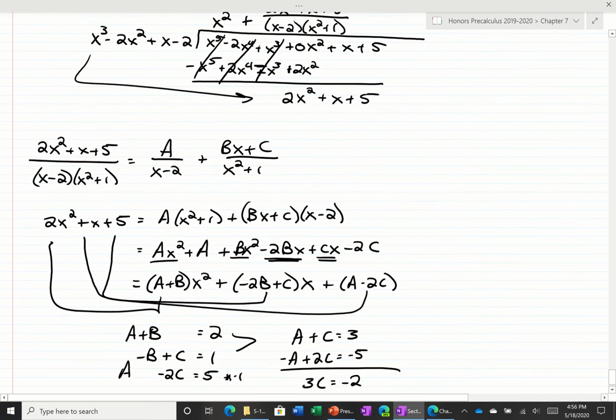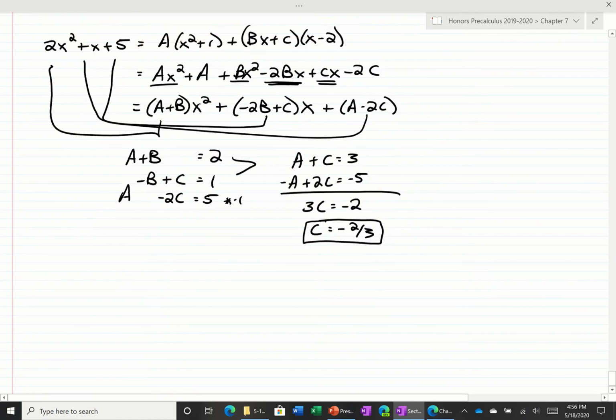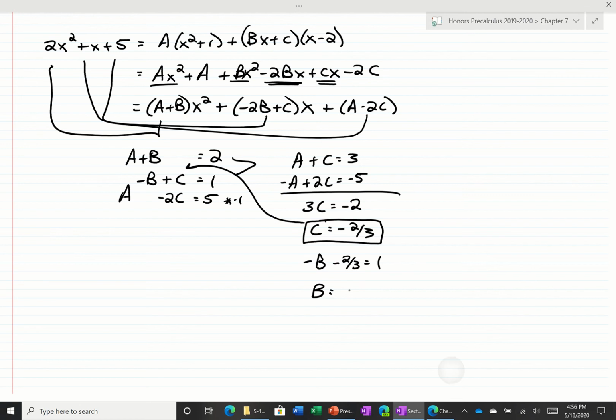And let's see here. If we plug it in right here, we would get that negative b minus 2/3 is equal to 1. So b would equal 1 plus 2/3 divided by negative 1 is negative 5/3.